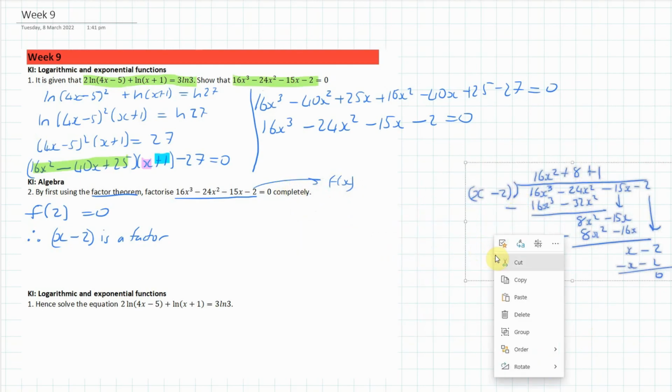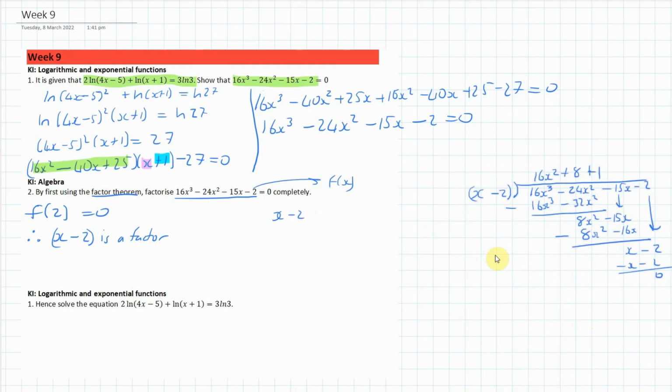Well, it means that x minus 2 times 16x squared plus 8x plus 1, that's partially factorized, and then I can factorize this little bit here, and what I actually see when I do that is it's (4x plus 1) all squared. So I'll factorize completely at that point.